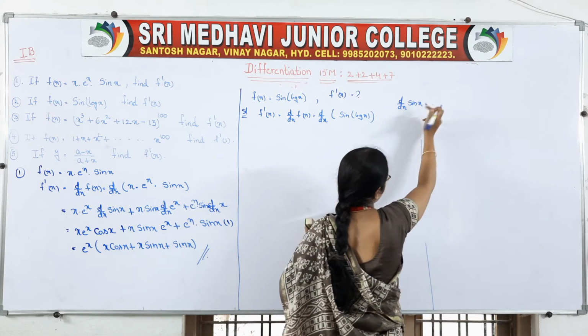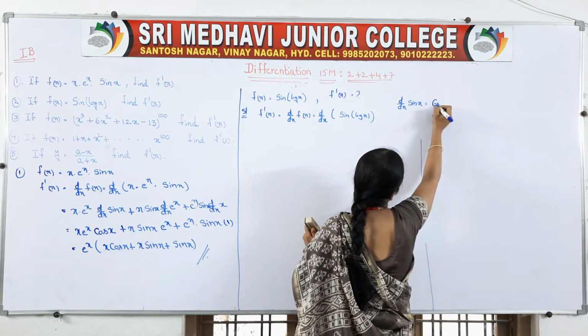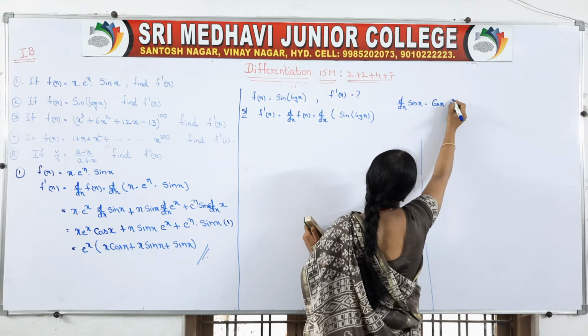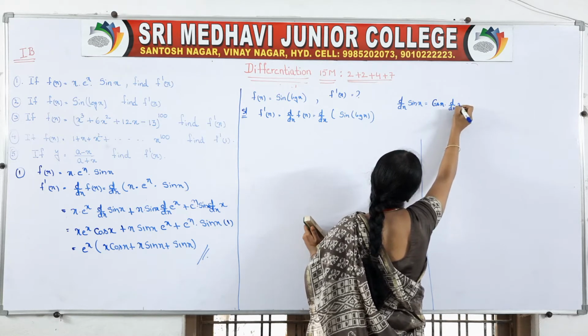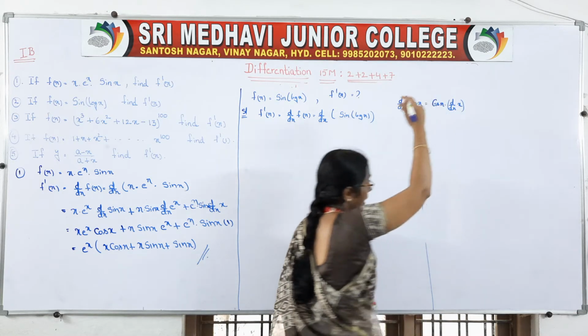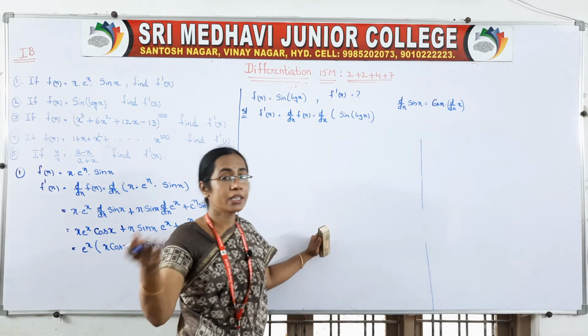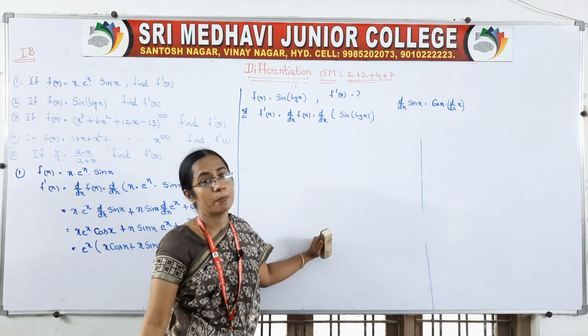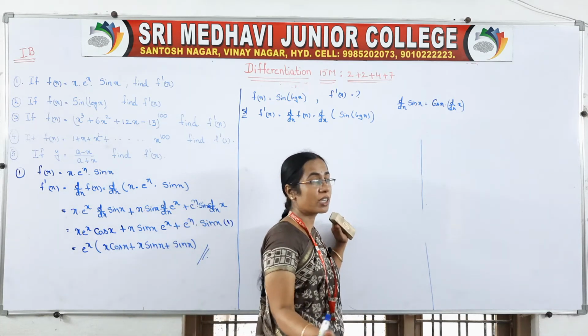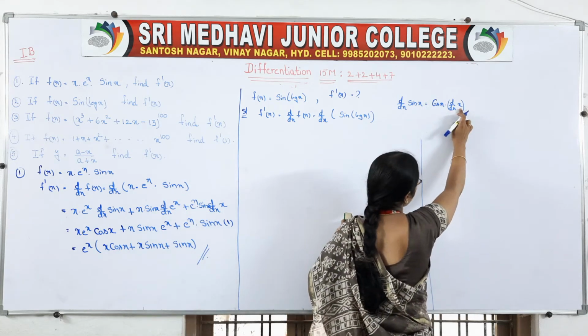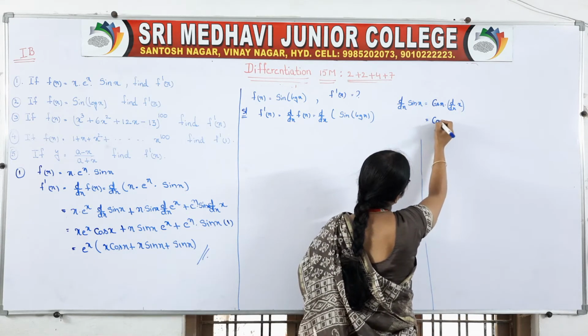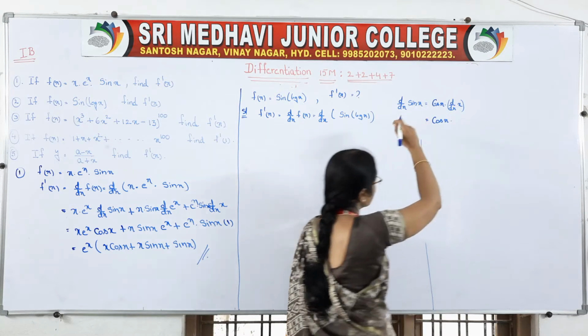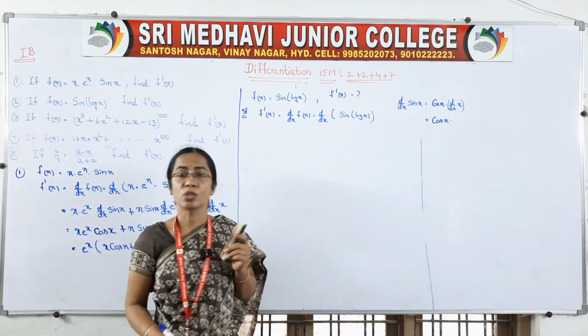d by dx of sin x, what is the formula? Cos x into d by dx of the variable. The variable can be anything in any problem, any question. Since d by dx of x is 1, that's why in the formula you got d by dx of sin x is equal to cos x.